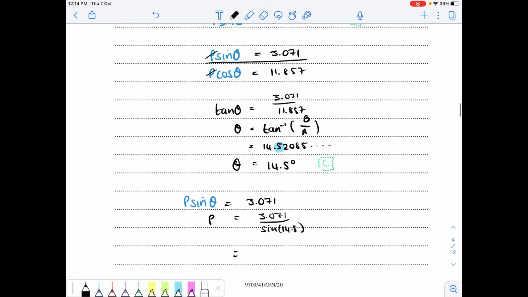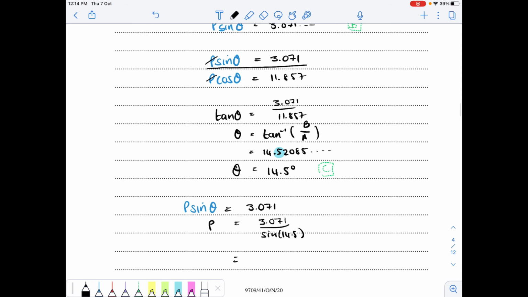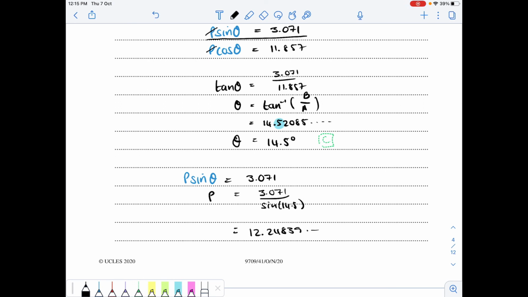So I had 3.071 as alpha B. So I'm going to go alpha B divide by sine. And I've just stored my degrees in at C, so alpha C. And this is going to give me 12.24839, etc. And this is in newtons, so we're going to round to 3 significant figures. That's that figure there. So we'll get 12.2 newtons.